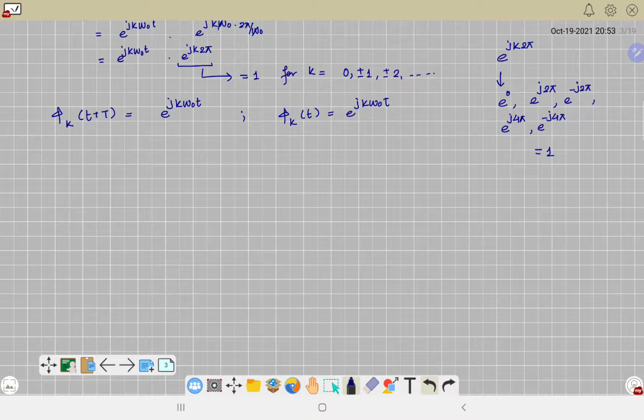Okay. So it means that this signal that I defined, phi k of t, which will have different values depending upon the value of k, is also periodic with period T, capital T, right?